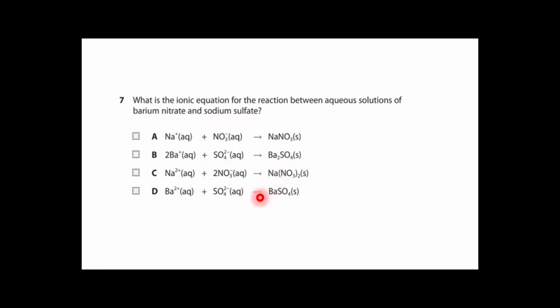It should be D: barium aqueous ions with sulfate aqueous ions forming barium sulfate solid. Right. So Yashmi, is it clear for you?